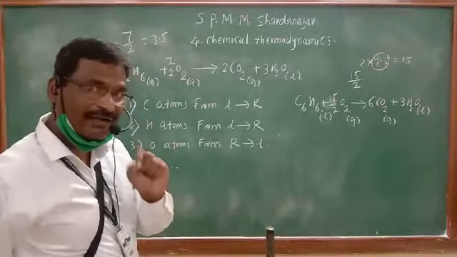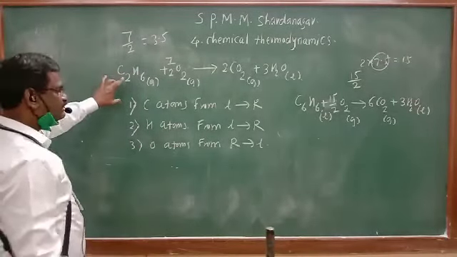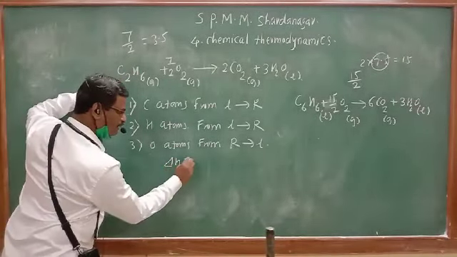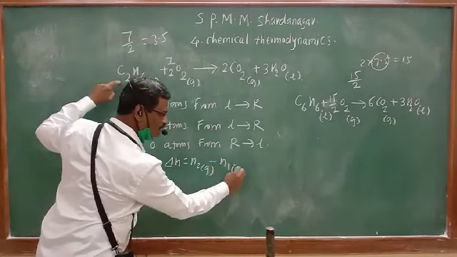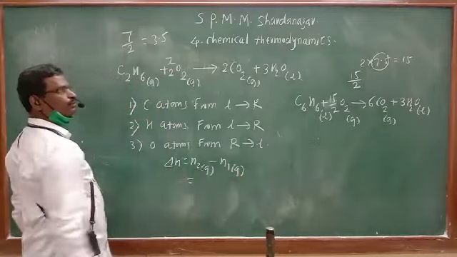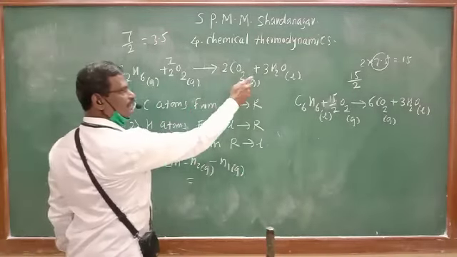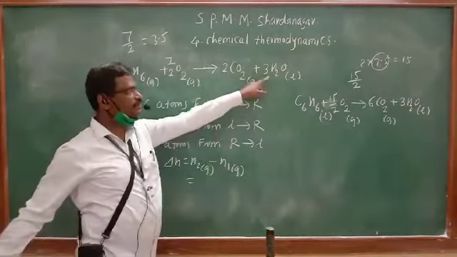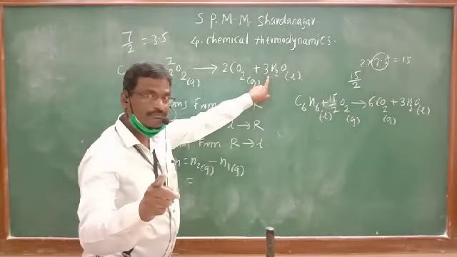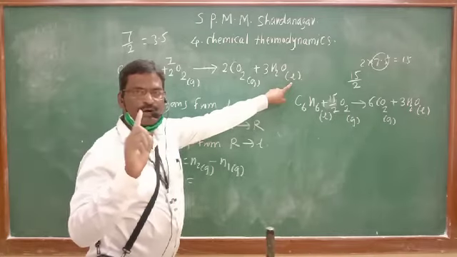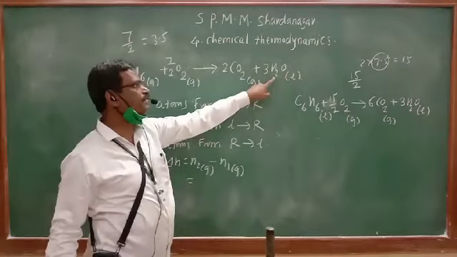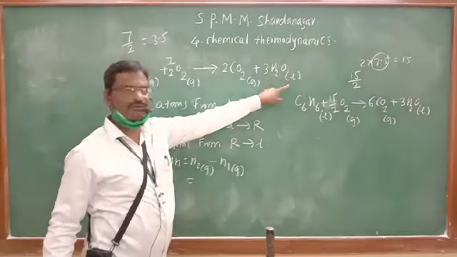Now to calculate the delta N for this reaction, what is delta N? Delta N is N2 in gaseous state minus N1 in the gaseous state. So N2 gas, only 2. This 3 is liquid, so out of consideration. We don't have to consider these 3 moles of H2O since they are present in the liquid state.